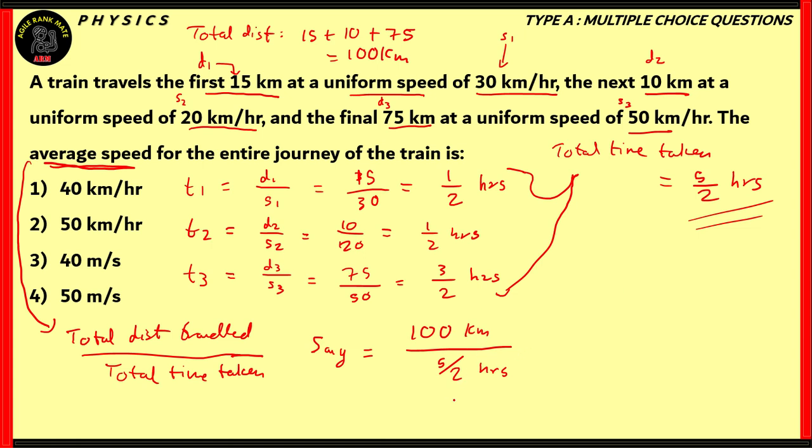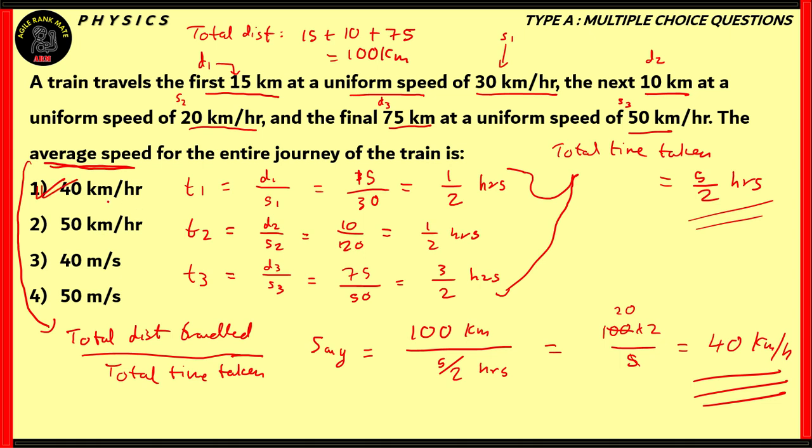By using the fraction form, we can take the denominator of 5 by 2 up to the numerator. So we get 100 times 2 over 5. 5 goes into 100 20 times, so basically we have 20 times 2, which is 40. So 40 kilometers per hour turns out to be the right option.